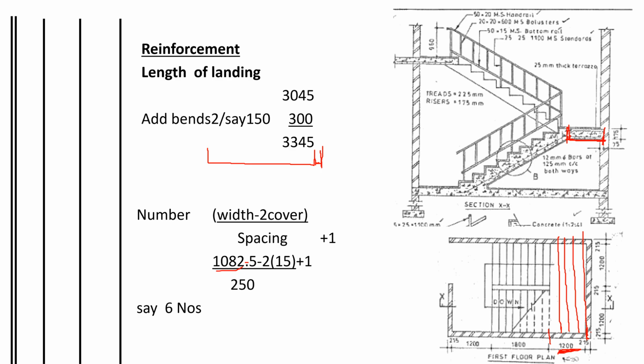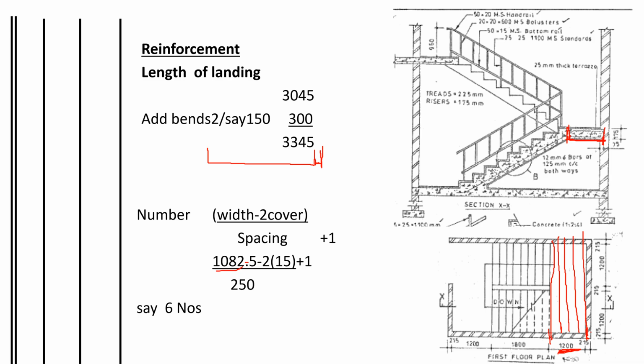Why are we dividing by 250? It's because those bars have a spacing of 250 from bar to bar, then plus 1. Because if we start from here, how we calculate the number of things, you take the total width, divide by spacing, plus 1.